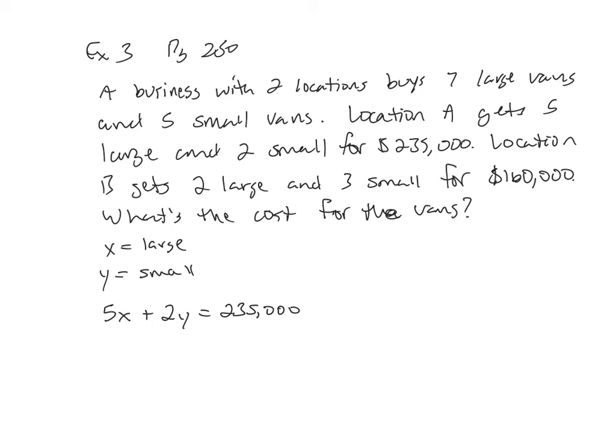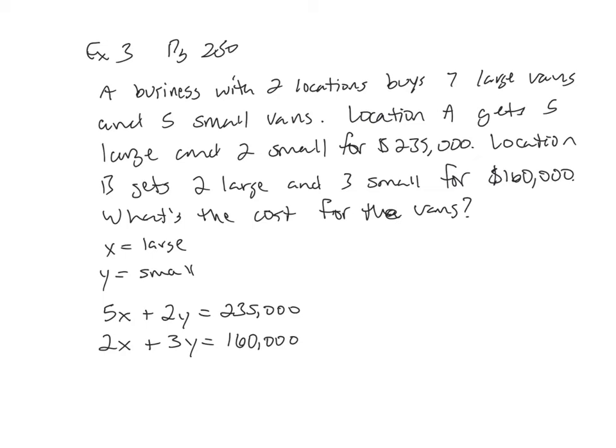Then location B gets 2 large and 3 small for 160,000. Now I have a system, and this one works out like the last one did.